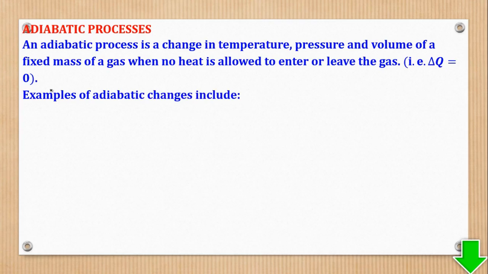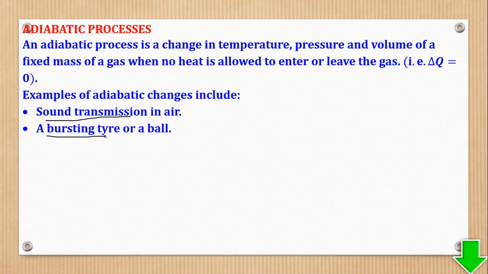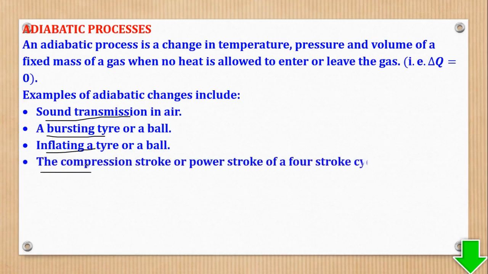Examples for adiabatic change can be sound transmission in air, a bursting tire or a ball, inflating a tire or a ball, compression stroke or power stroke of a 4-stroke cycle engine.